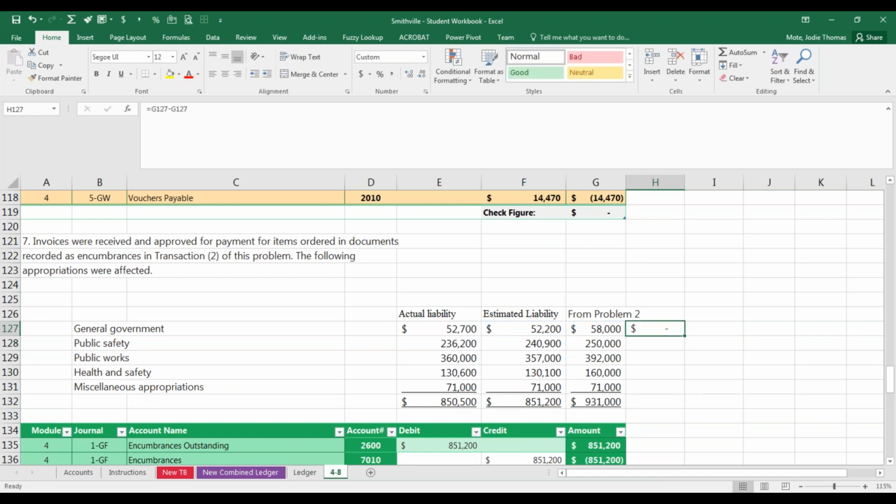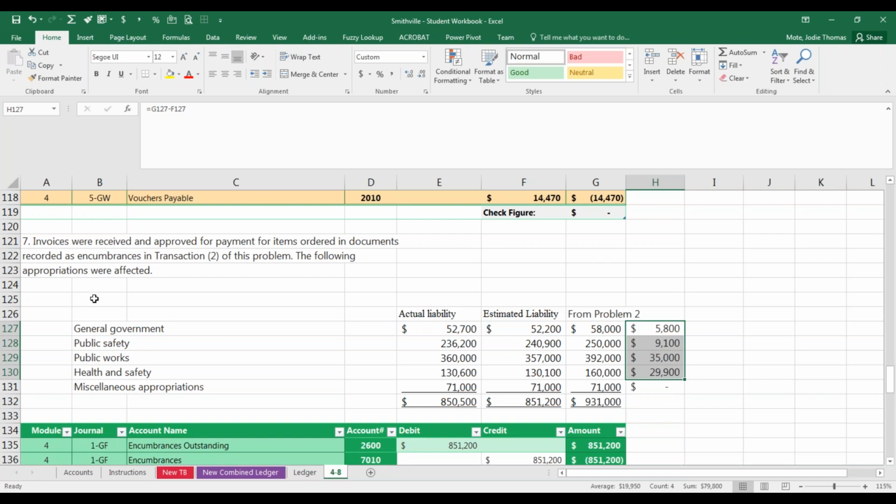The bottom one is the only encumbrance that has been completely satisfied. The rest of these still have orders outstanding.